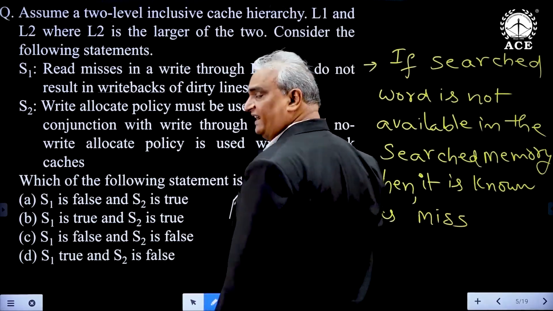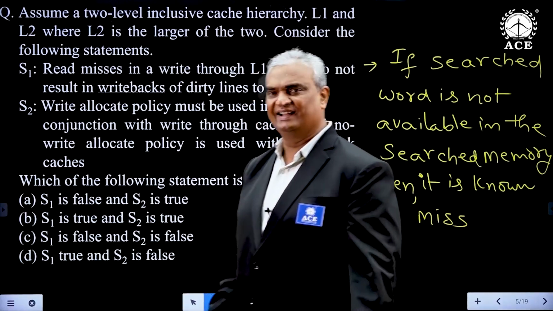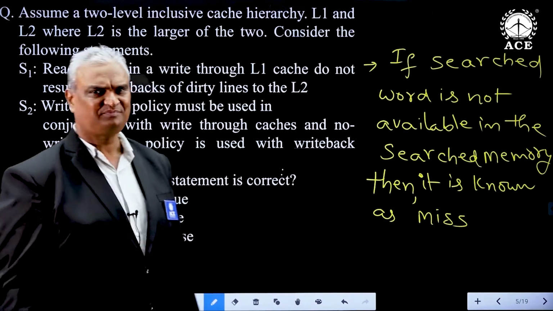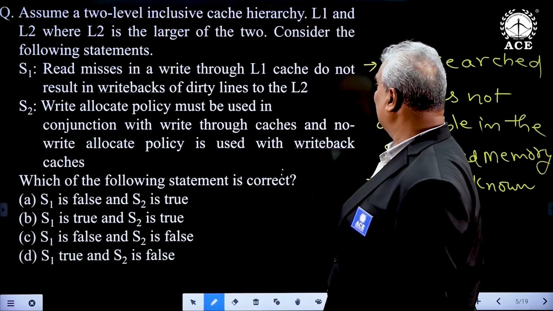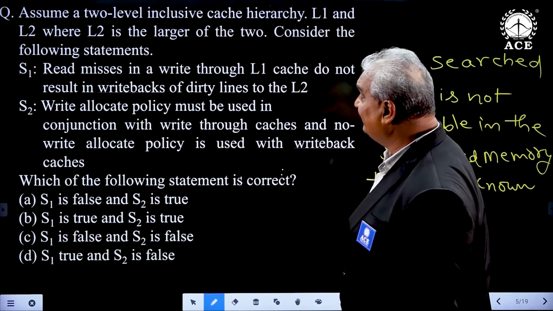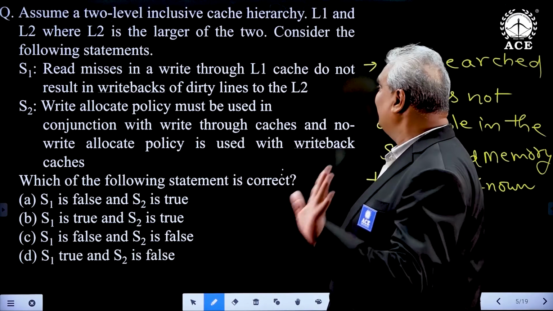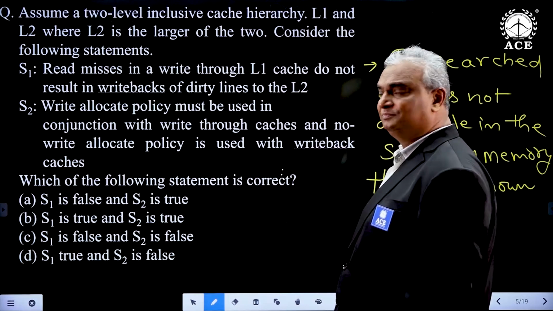While performing reading, it is known as a read miss; writing, a write miss. Okay? Observe this. Read misses in the write through L1 cache do not result in the write backs of the dirty lines to the L2.